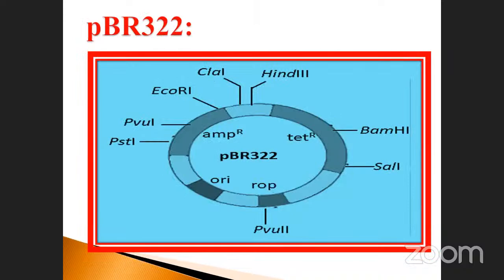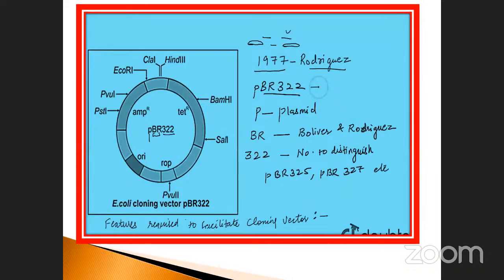The next one: this is also the names of the scientists, in the year 1977. In pBR322, the P denotes plasmid, BR denotes Bolivar and Rodriguez, and 322 is the number of the distinguisher. Suppose 325 is there, it is different from 322. So 325 and 327 and others have been identified and reported.